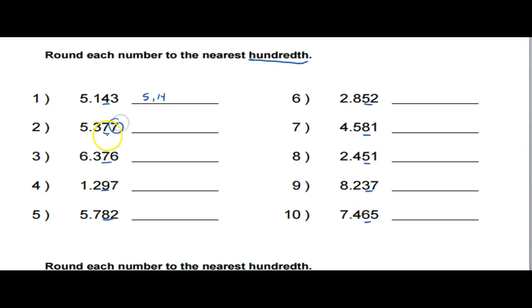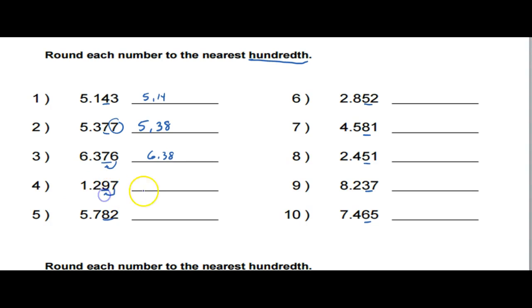This 7 tells me to round up. So 5.3, the 7 becomes an 8. When I say I round up, I add 1 to the place value I'm rounding to. If I say I'm rounding down, I'm keeping that place value the same. So 6.376, the 6 tells me to round up, so it becomes 6.38.